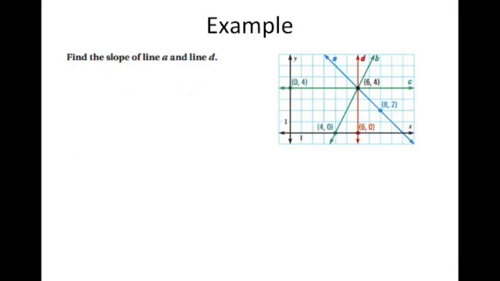So let's calculate the slope of line A. Okay, if you remember, we just subtract the y's, the difference in the y's or the rise, goes on the top. Don't forget that's the rise. It goes on top. So you can see the difference from 6 to 8 is the difference of the x's, and the difference of the y's is 4 to 2.